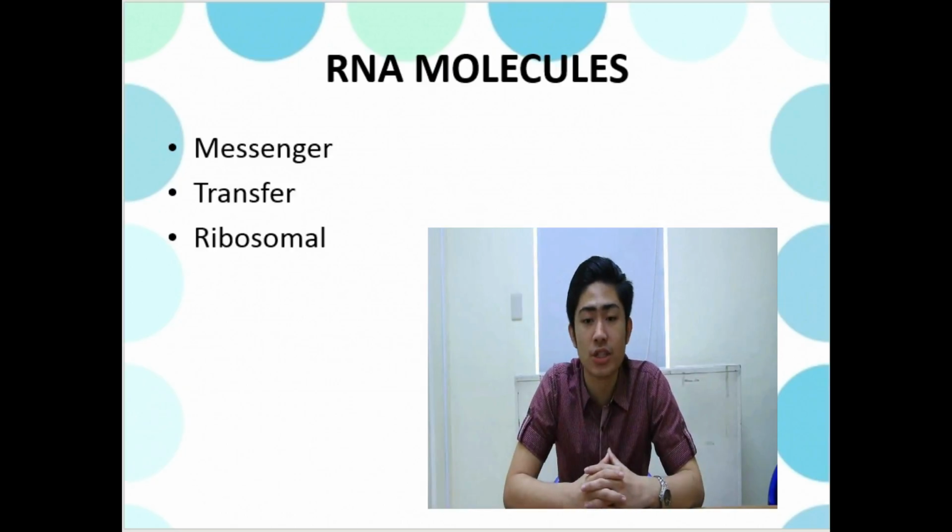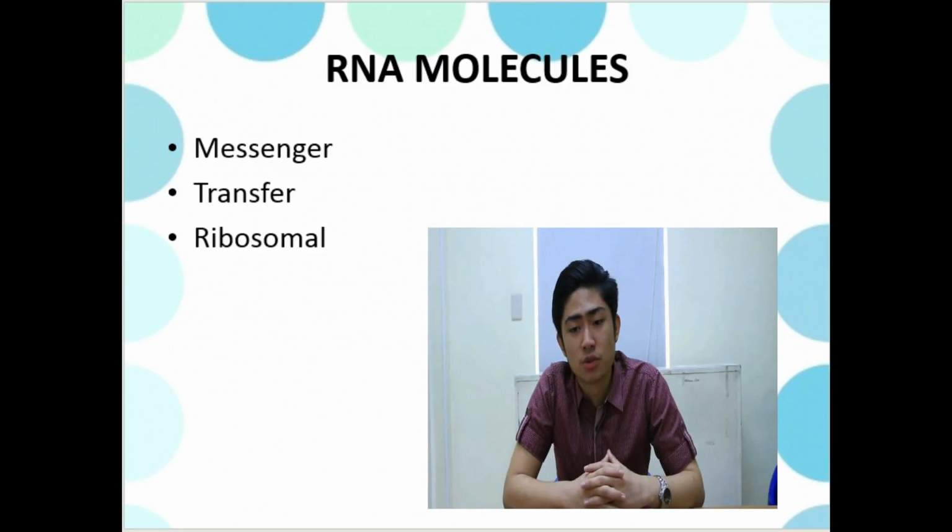These complex structures, which physically move along an mRNA molecule, catalyze the assembly of amino acids into protein chains. They also bind tRNAs and various accessory molecules necessary for protein synthesis. Ribosomes are composed of a large and small subunit, each of which contains its own rRNA molecules.